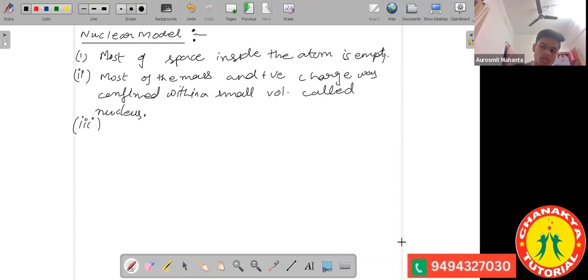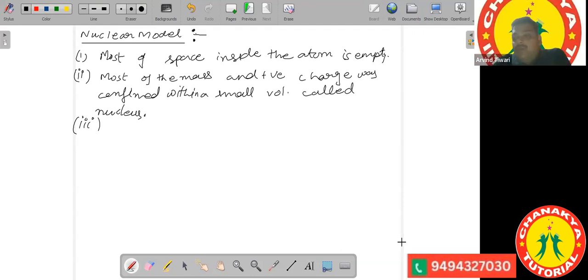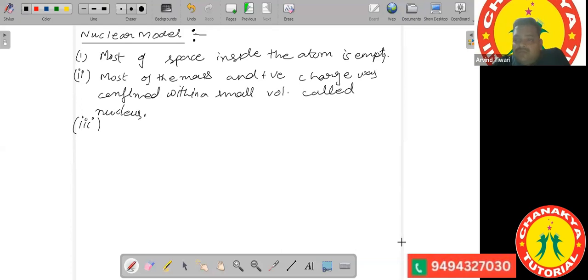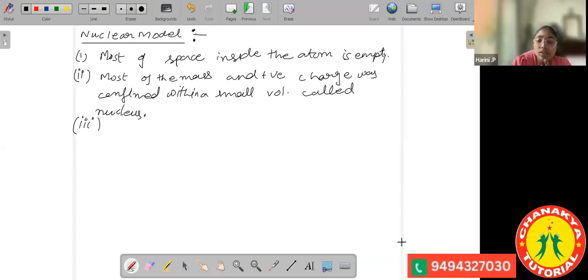So the third point, Orosmith. What was the third point? See, this is how you have to put your answer. Harini, what was the third point about the nuclear model?